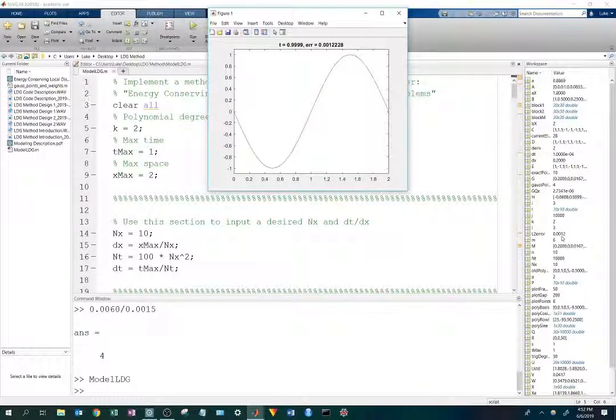So it might not be perfect, but anyways, we've essentially gone from scratch and completely constructed a finite element method solver.